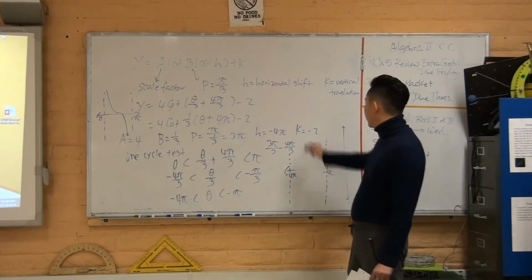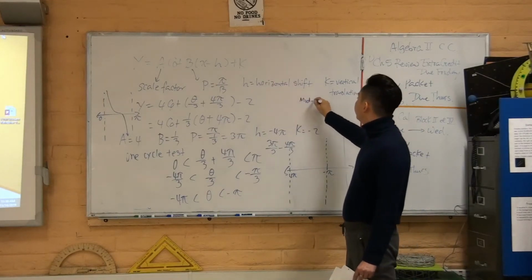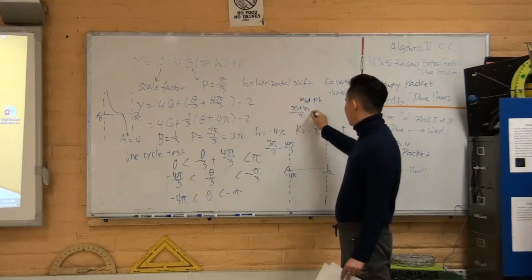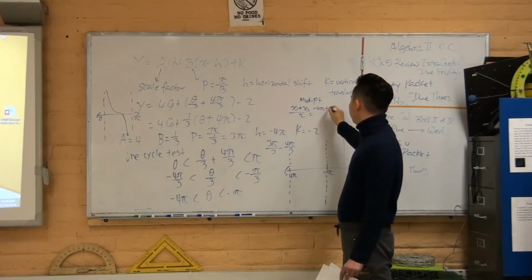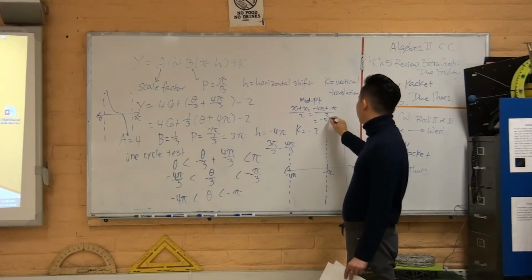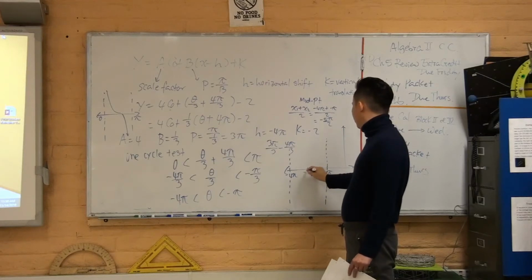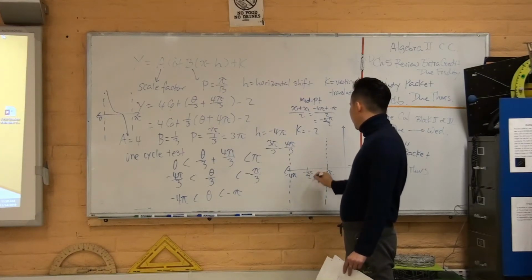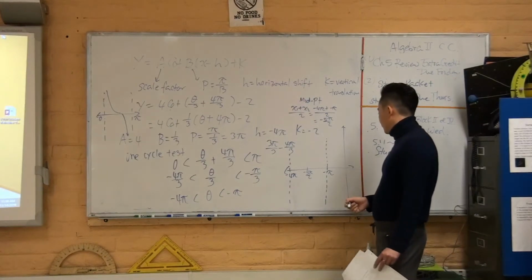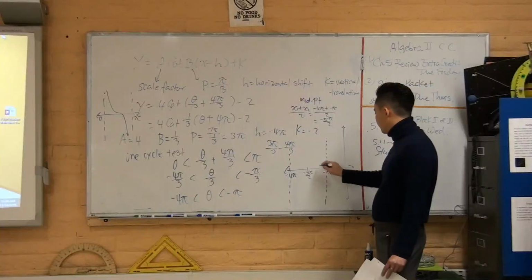The way to do it, we can use the midpoint formula, which is x1 plus x2 over 2. So negative 4 pi plus negative pi divided by 2. So we got negative 5 pi over 2. And also half of the distance between negative 5 pi over 2 and negative pi, so we do have negative 7 pi over 4.